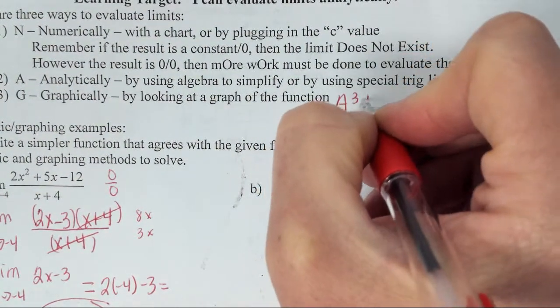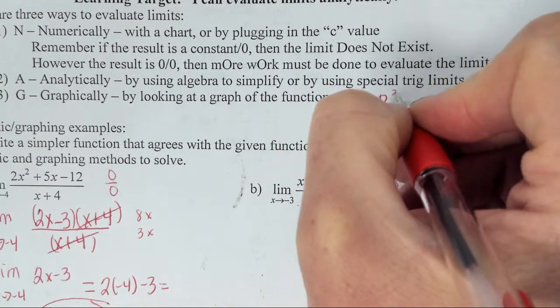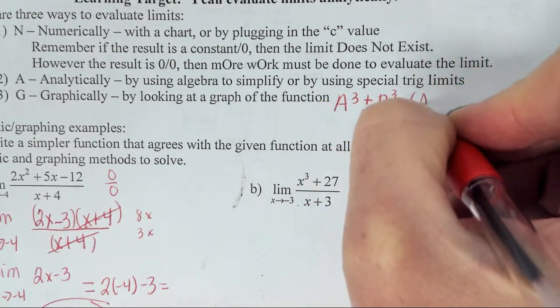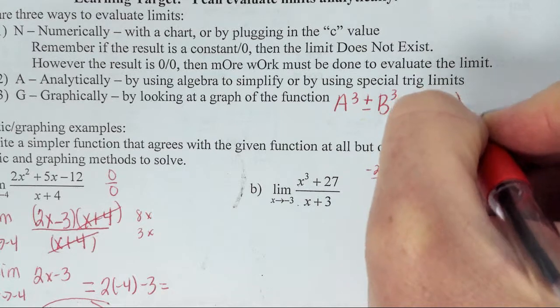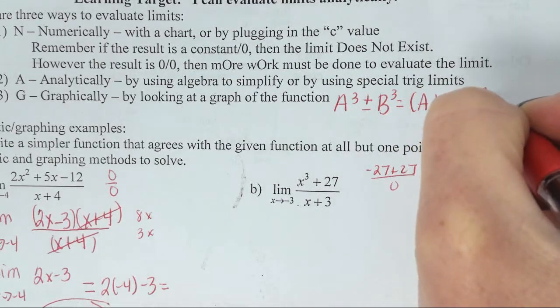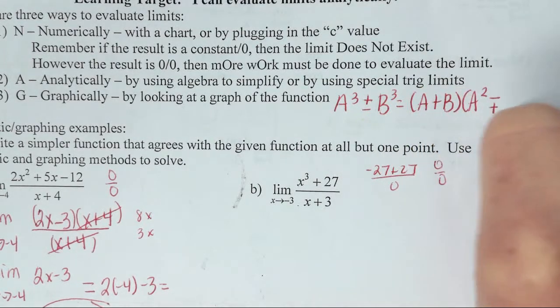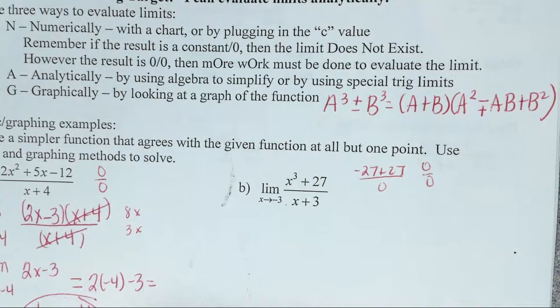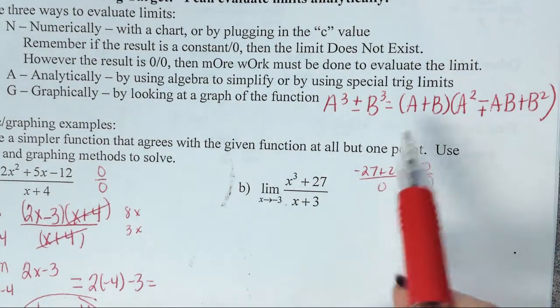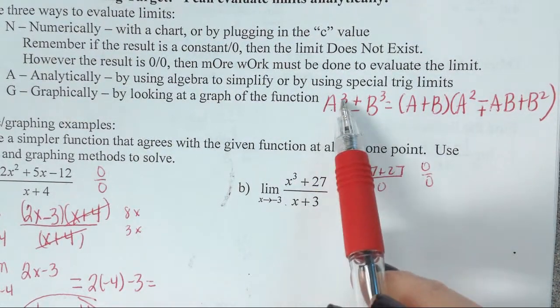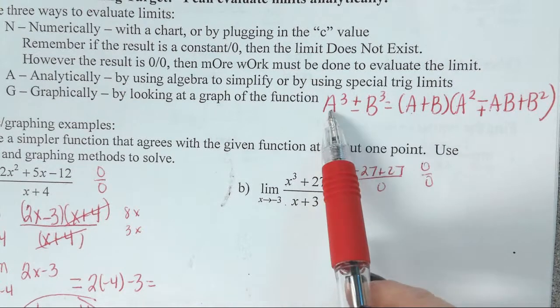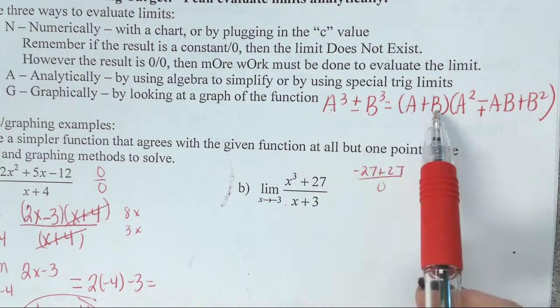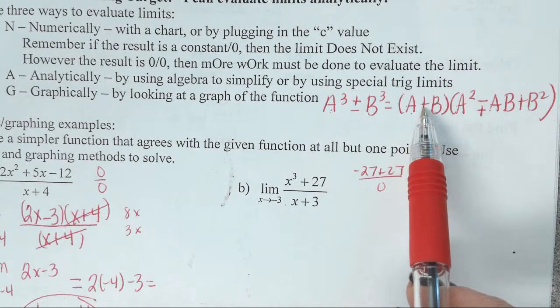A to the third plus or minus b to the third is always going to be a plus b. Then it's going to be a squared minus or plus ab plus b squared. So what that means is this is going to be a value cubed, so we're going to have the cube root of this plus the cube root of this, if that's a plus.